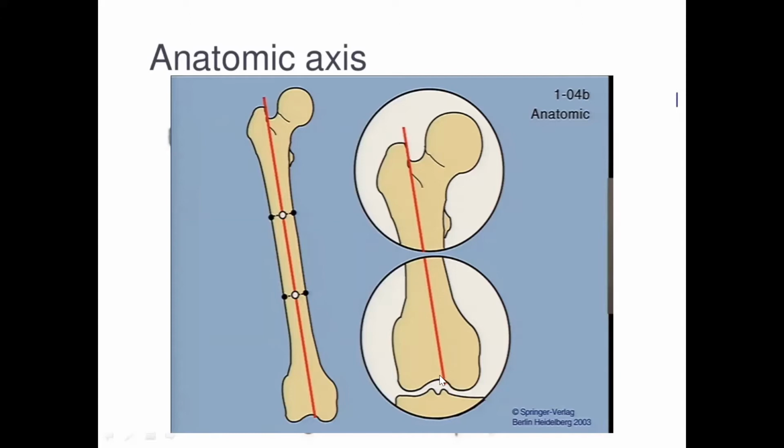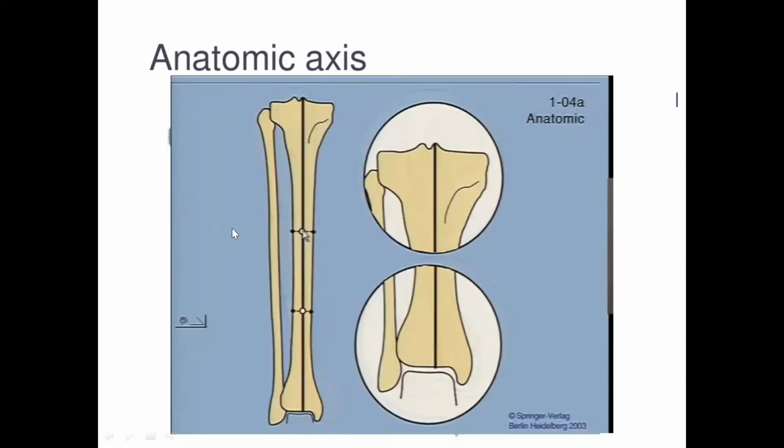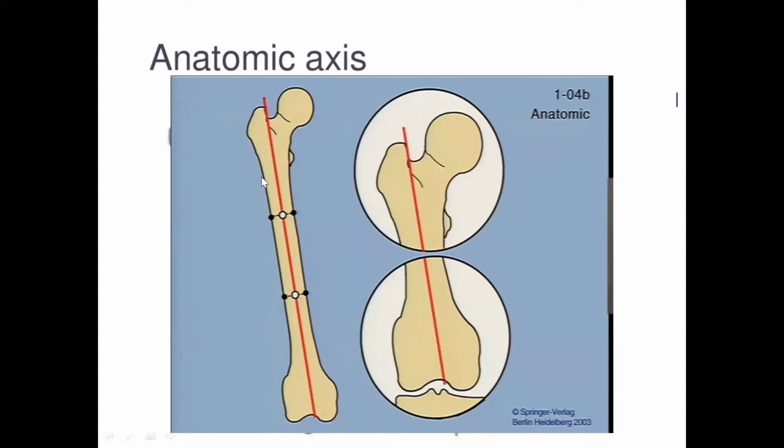It is a little medial to the femoral notch. But in case of a deformed hip joint, it may not always cross through the piriformis fossa. So this is one point we have to remember very clearly: for the anatomic axis, we are drawing from the cortex, from the midpoint of the cortex.